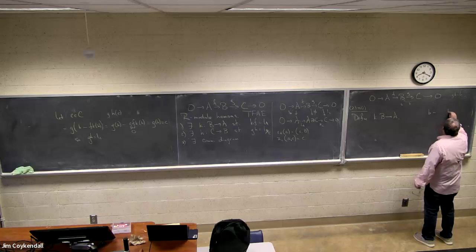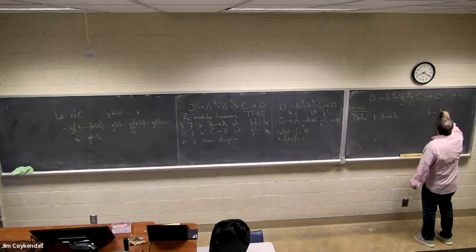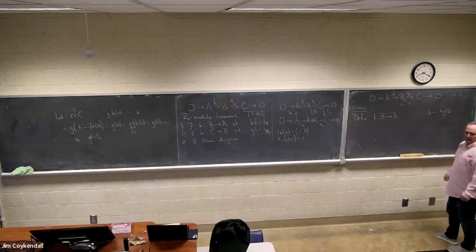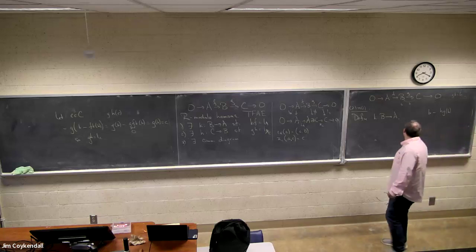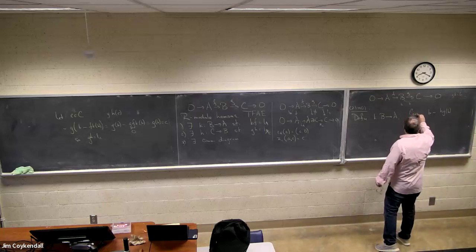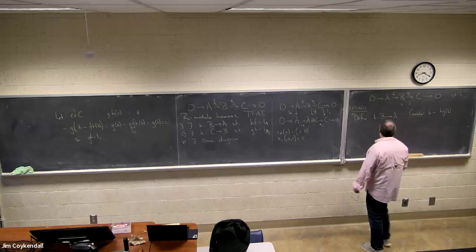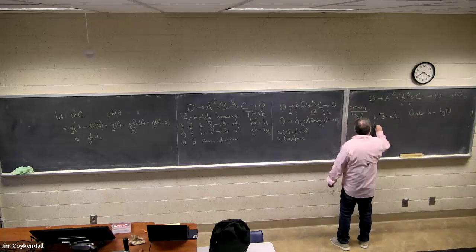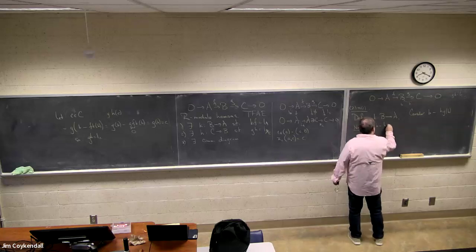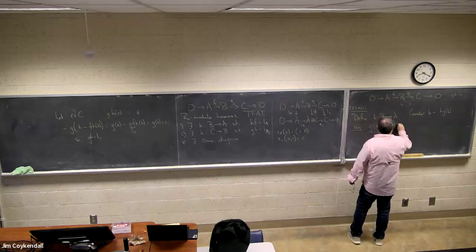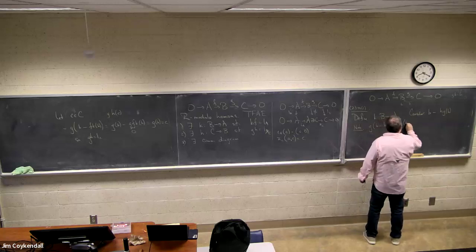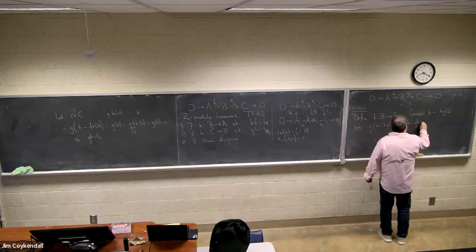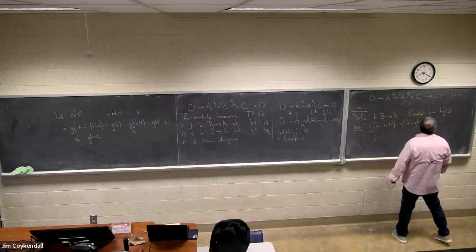Take B, and again with the washing machine. Now I claim that if you look at G of B minus HGB, this is G of B minus GHG up there.